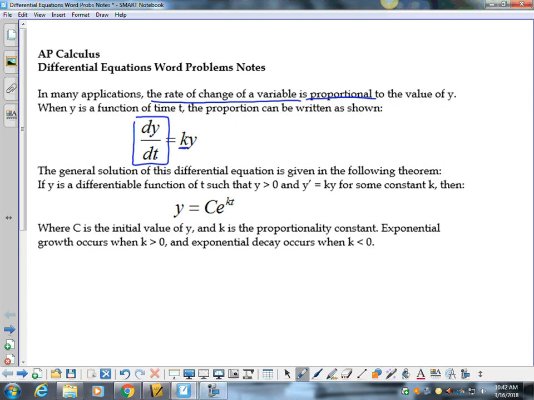Can we take this equation right here and solve it for y? What would you do? k is a constant. You only have two variables, a y and a t.